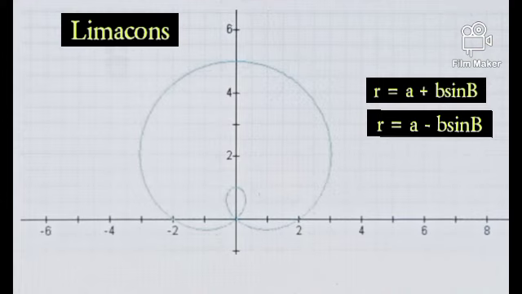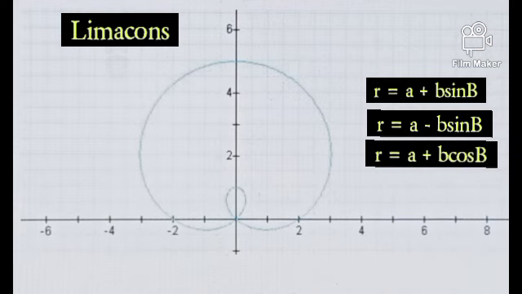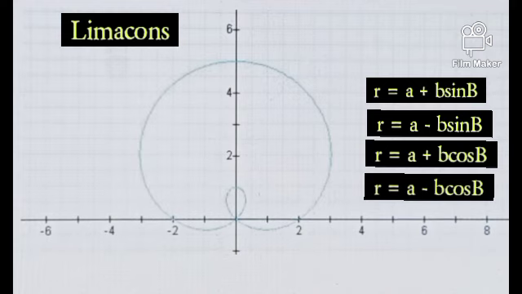The polar equation r = a - b sin θ is a limacon. The polar equation r = a + b cos θ is a limacon. And the polar equation r = a - b cos θ is also a limacon.